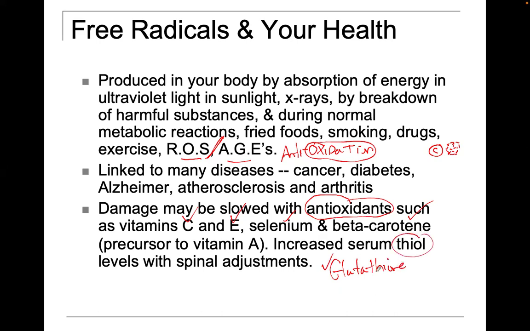Thione and thiols, these are kind of similar, powerful antioxidants. Glutathione we get from our diet when we eat protein. We need amino acids called glycine, glutamine, and cysteine.